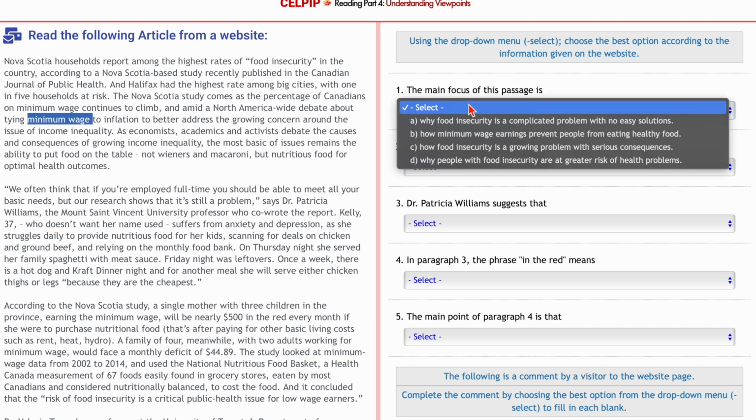Lower level students, and by lower level, I mean even 7, might not completely understand the idea and they'll just try to match vocabulary. But we need to make sure that we read the full idea, not just match vocabulary. This is very important.